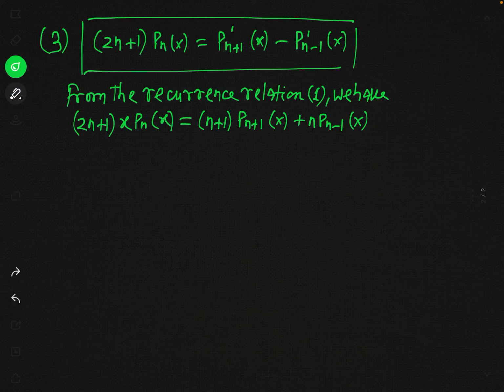The first recurrence formula, which we have studied already, is (2n+1) x Pn(x) = (n+1) Pn+1(x) + n Pn-1(x).